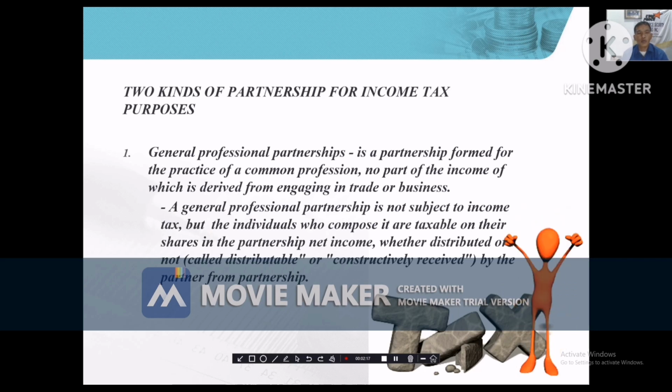O ito yung profession o yung services, wala silang nilalabas na puhunan, no? Para na bilang kapital nila, kundi yung kanila mismong serbisyo. Halimbawa, no, sabihin natin mga doktor, no?